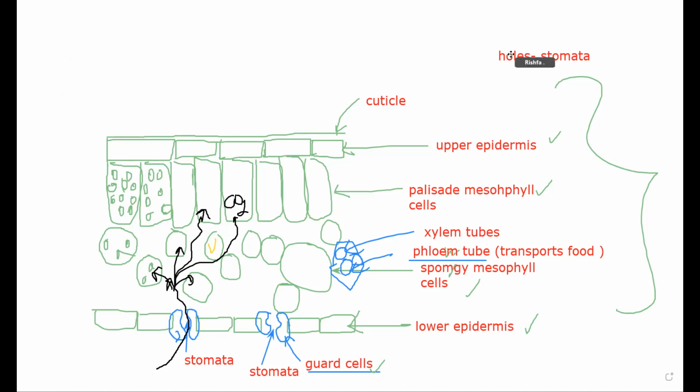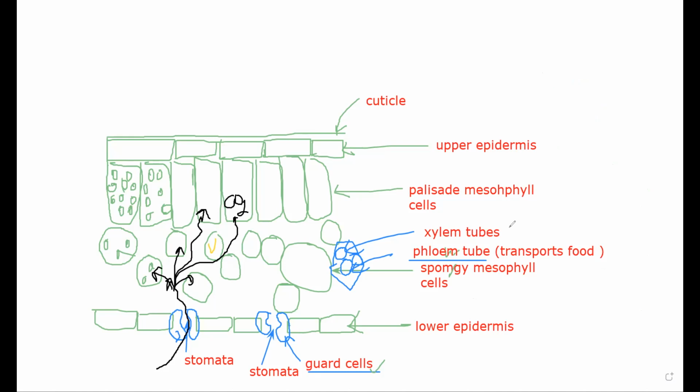Understood up to that? Okay, now tell me, what is the name of the tube which carries water in leaves or in plants? Xylem tubes. And then what is the tube which carries food? Phloem.